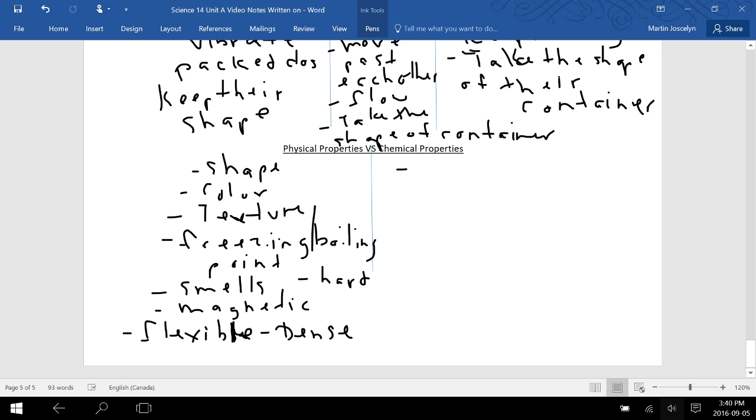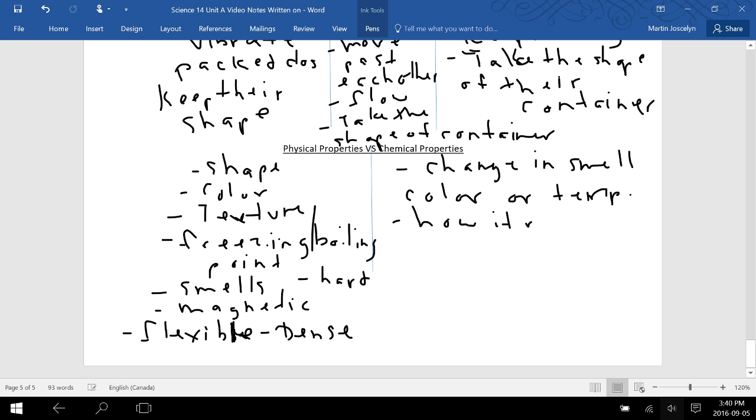Whereas chemical properties is like how it's changed. Is there a change in smell or color or temperature? How it reacts with other substances.